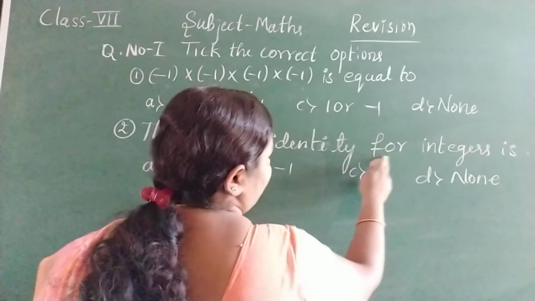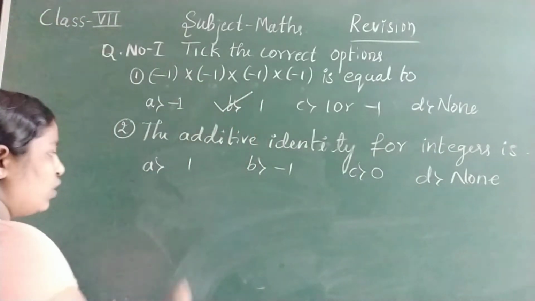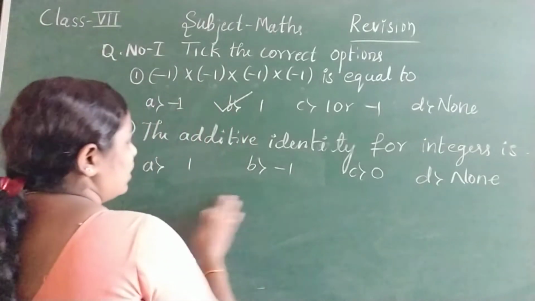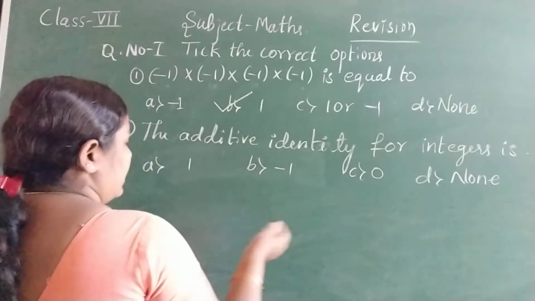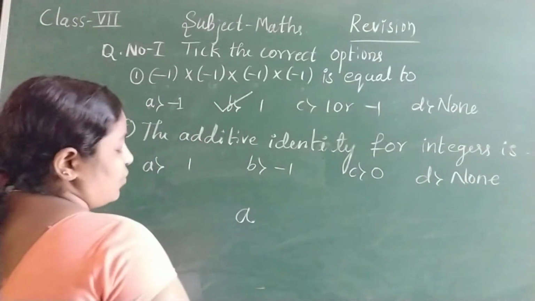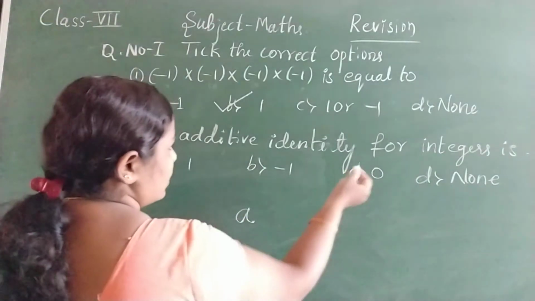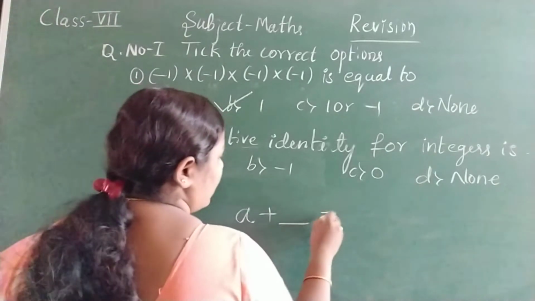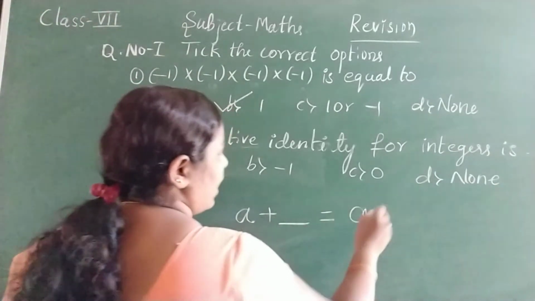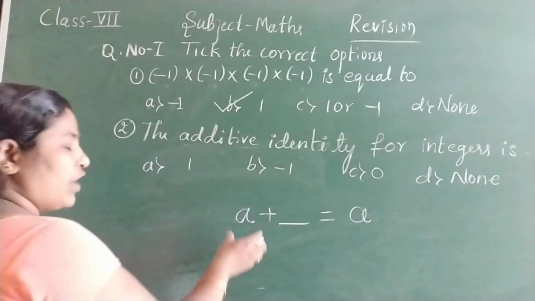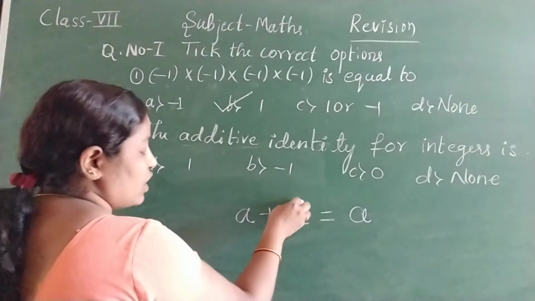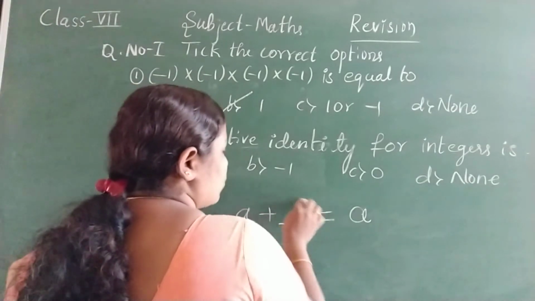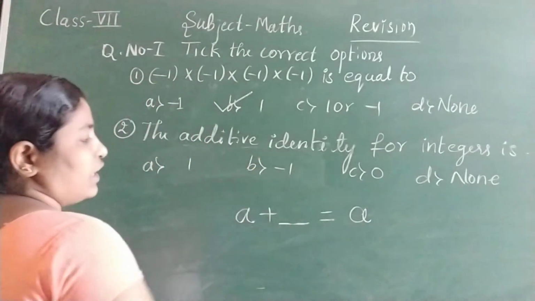What is additive identity? You know, I already explained. For any integer, take it as A. Addition with something, you should get again A. For any integer, if you add something, you should get again A. So that only is the additive identity.